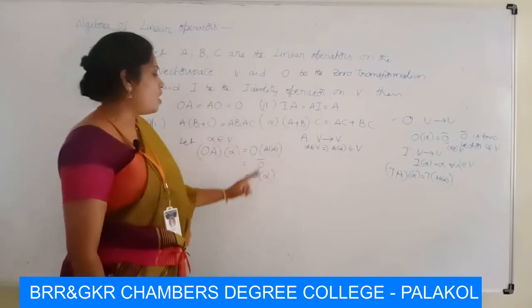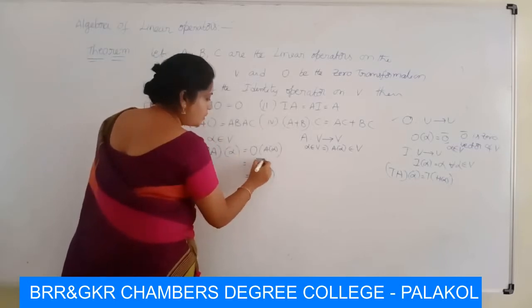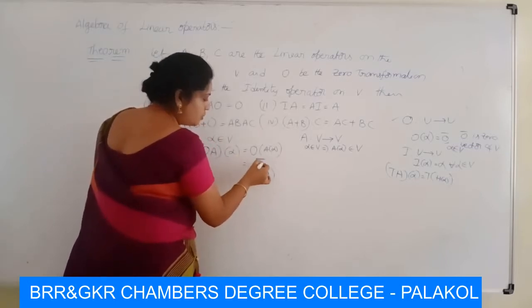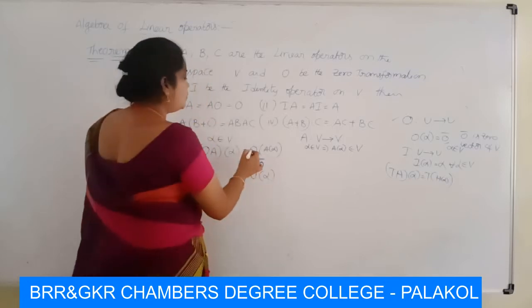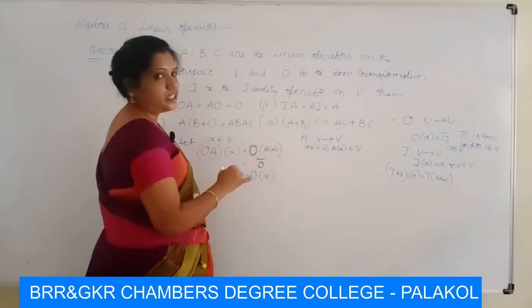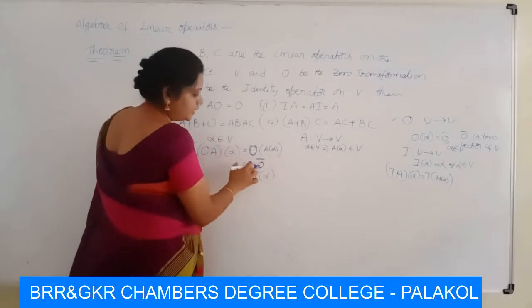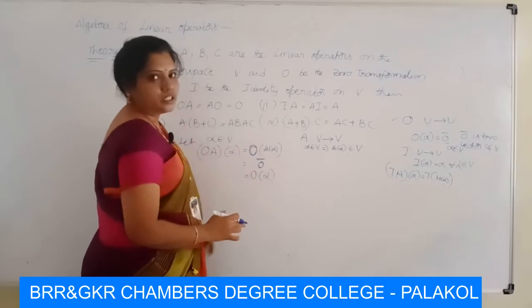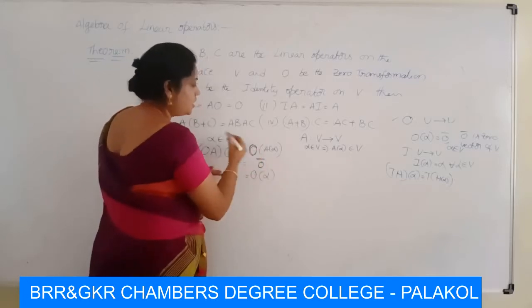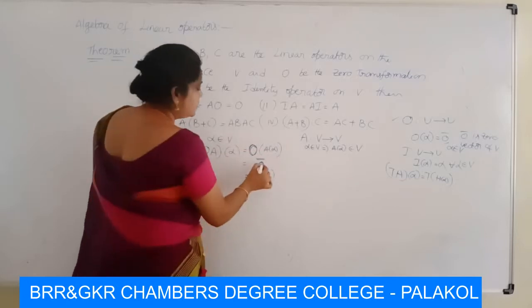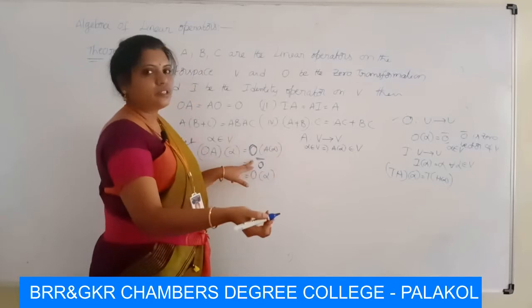Here, 0 bar is the zero vector of the vector space V and O is the zero transformation. Don't confuse O and 0 bar. Students, listen carefully: this is the zero transformation, and this is the zero vector of the vector space V.